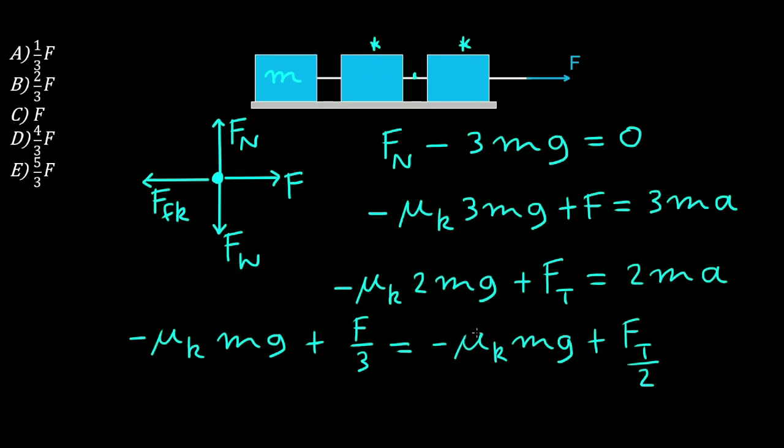So therefore the friction forces cancel, and we end up with the tension force is 2/3 of the applied force on the right block. So the correct answer is B.